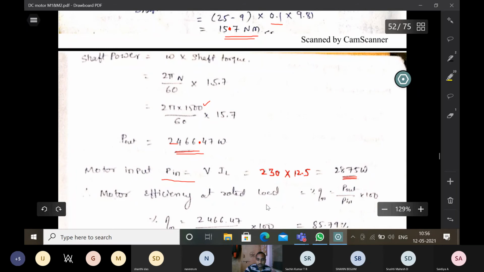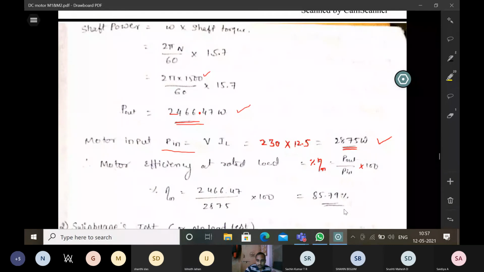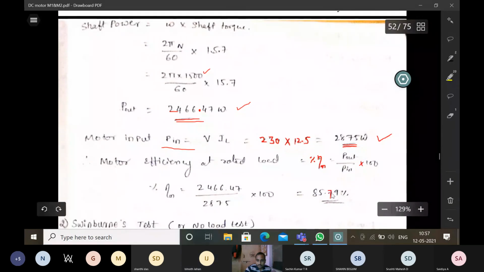So find out motor efficiency now: output by input. Output power is 2466.47, input power is 2875 watt. Output power by input power is equal to motor efficiency, eta m. Percentage eta m is multiplied by 100. So calculate it. How much is it? 85.79%.